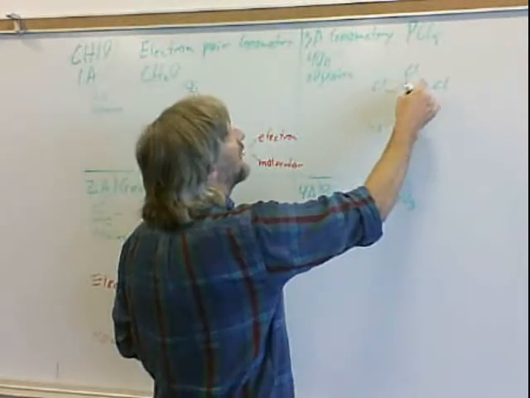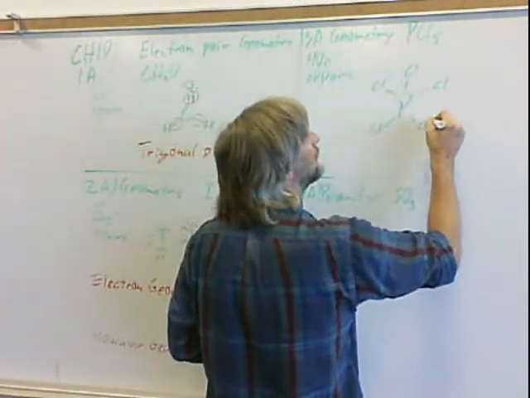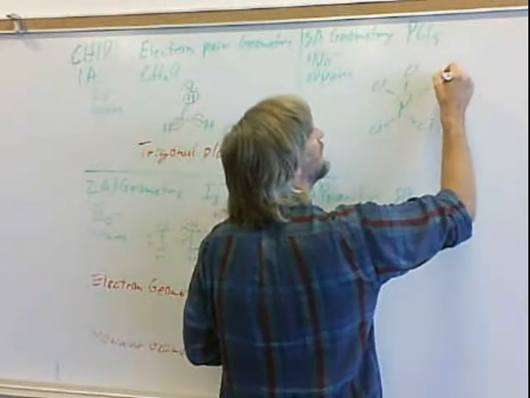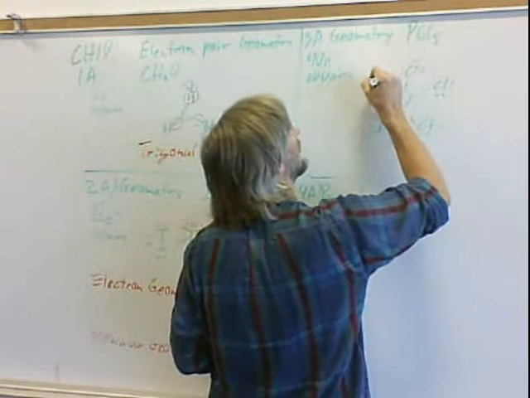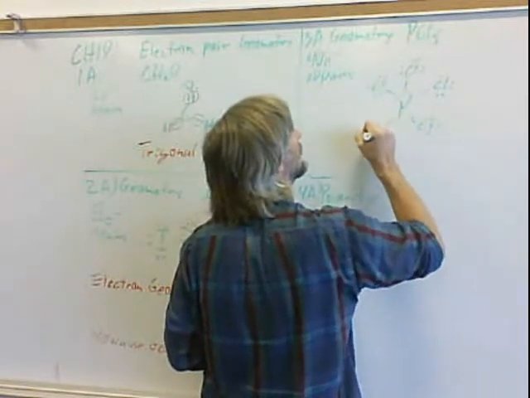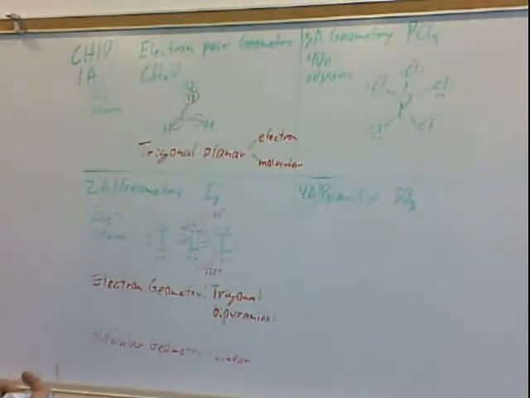If we use our 5 pairs, we have 15 more pairs. So 1, 2, 3, 4, 5, 6, 7, 8, 9, 10, 11, 12, 13, 14, 15. We've used up all our electrons. We have a complete octet on all the chlorines, and we have exceeded the octet on the phosphorus.